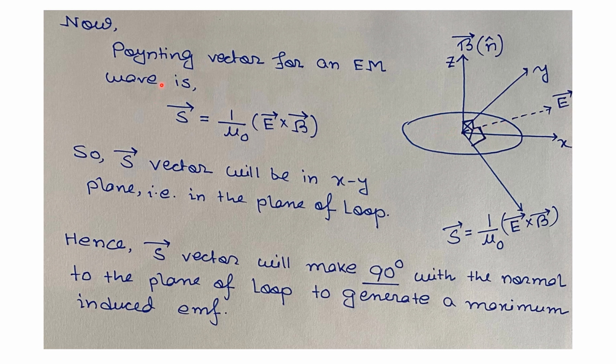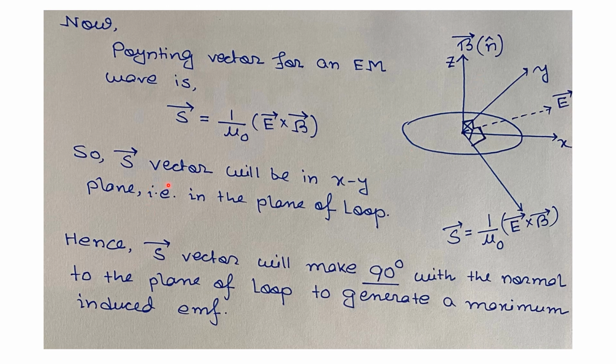Now the Poynting vector for an EM wave is given by S vector equals 1 by mu naught times E cross B. Now if we consider the magnetic field vector is along n cap direction and our electric field vector in the xy plane, then E cross B will also be in the xy plane, and that will be the same case if our magnetic field vector is antiparallel to the n cap direction.